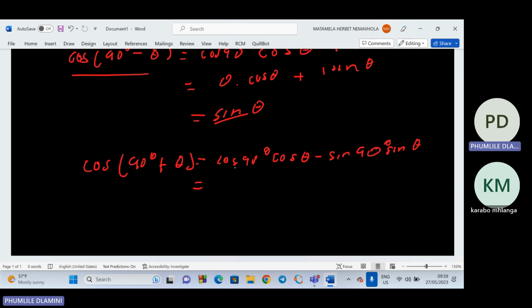Cos 90 is 0, sine 90 is 1, so the final answer is minus sine of theta. So when you have cos 90 plus, your answer is minus.